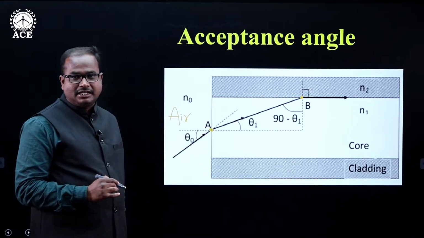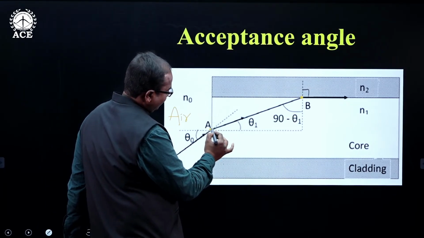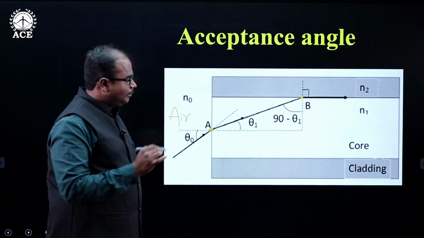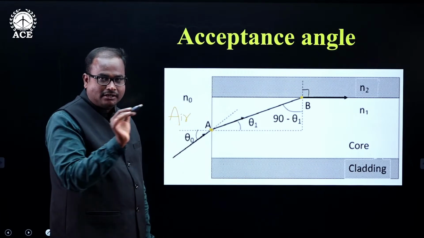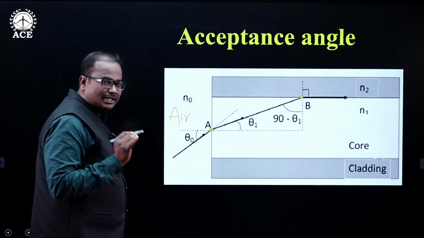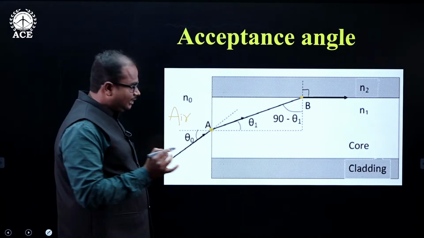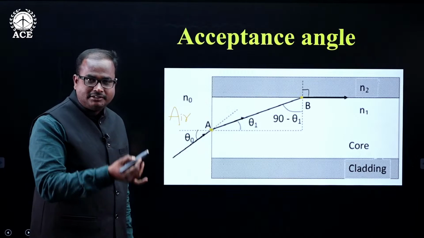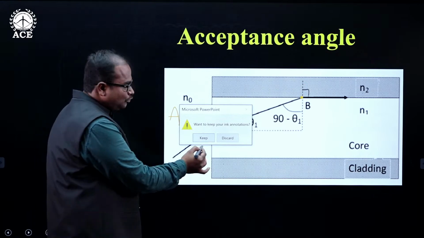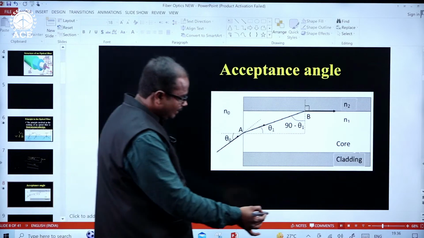At point A, the light ray gets refracted and it is incident on point B. At point B, it will travel along the interface. First let us apply Snell's law at point A. After that, we have to apply Snell's law at point B. At two points, I am going to apply Snell's law.